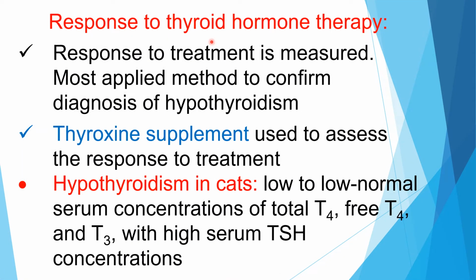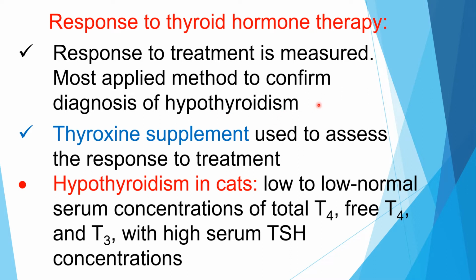One of the important steps for diagnosis is response to thyroid hormone therapy. Here the thyroid replacement is given and clinical improvement in the animal is measured. This is the most applied method to confirm the diagnosis of hypothyroidism.